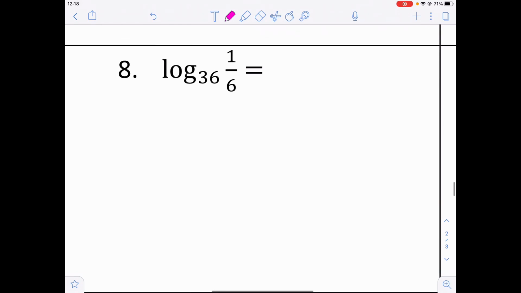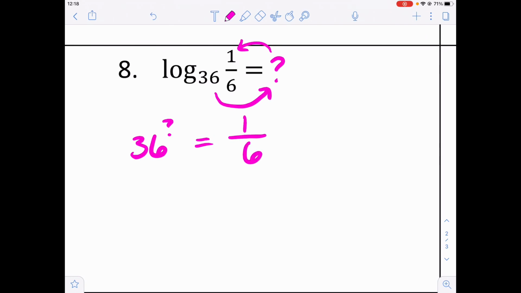Our next one, we got log base 36 of 1/6. What does this equal? So we're saying 36 to what power is equal to 1/6. Well, we're going from a 36 to a 1 over. That is an indication that it's going to be negative. And so then what if we just ask the question, 36 to what power is 6? Well, how are these related?